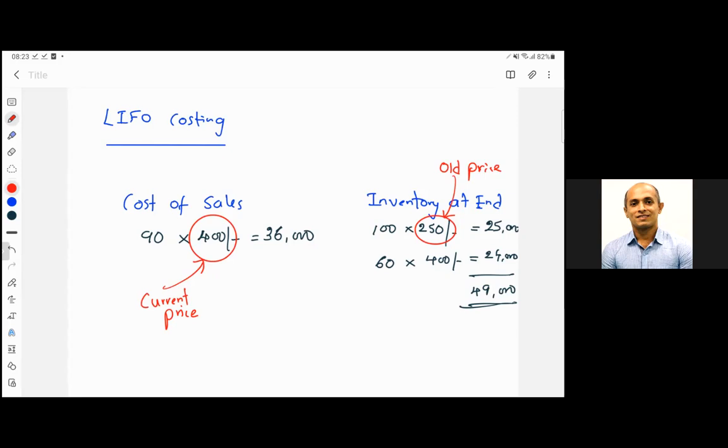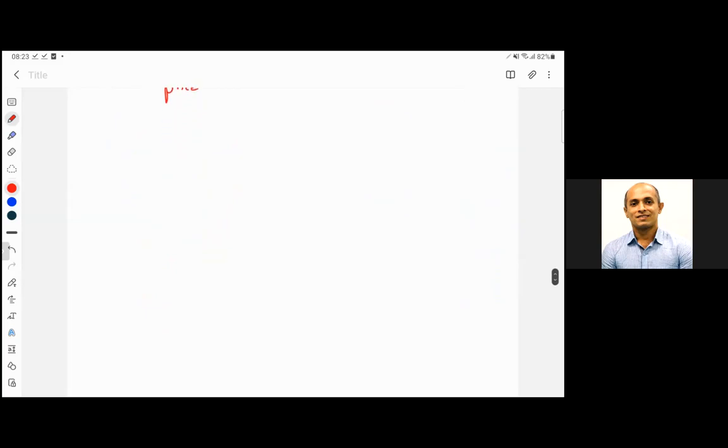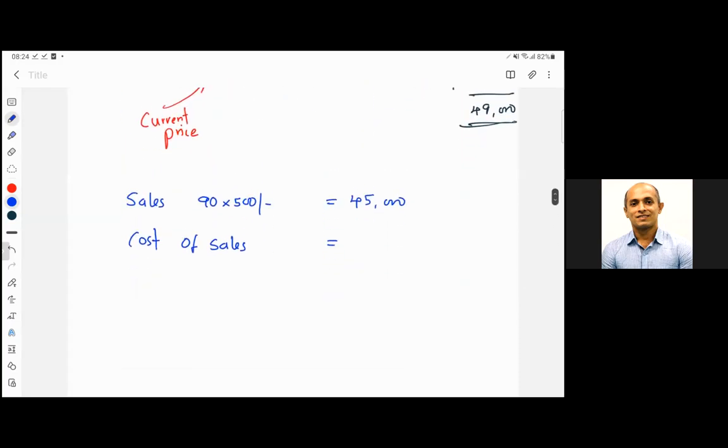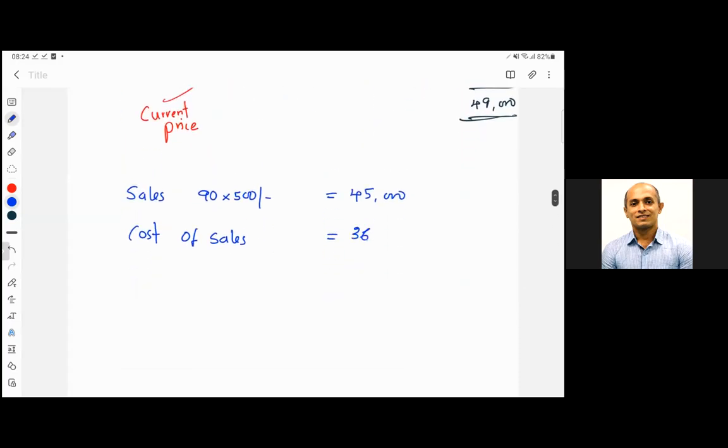Now let's see the gross profit calculation. Sales: you have sold 90 units at 500, 45,000. Cost of sales, we got 36,000. Then gross profit is 9,000.